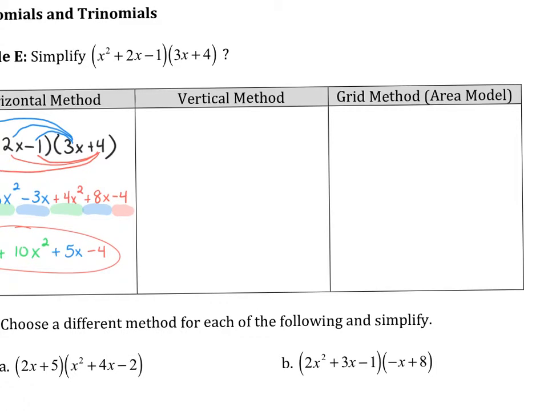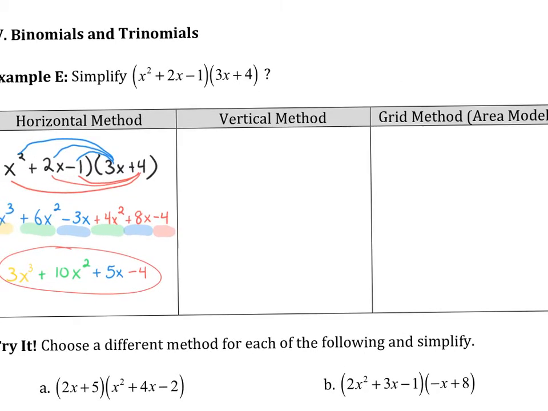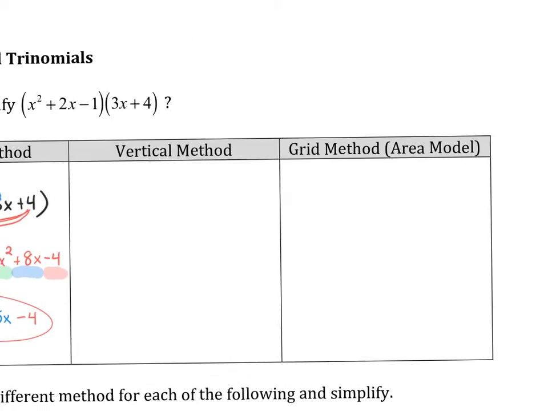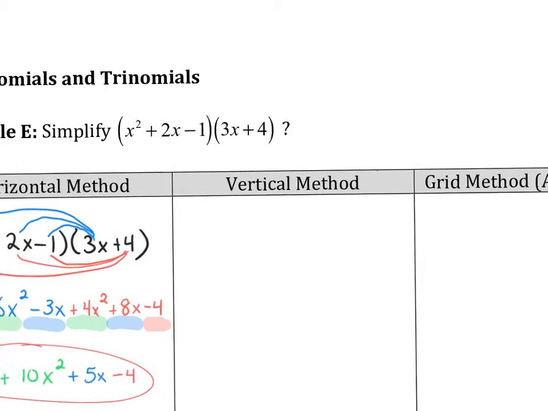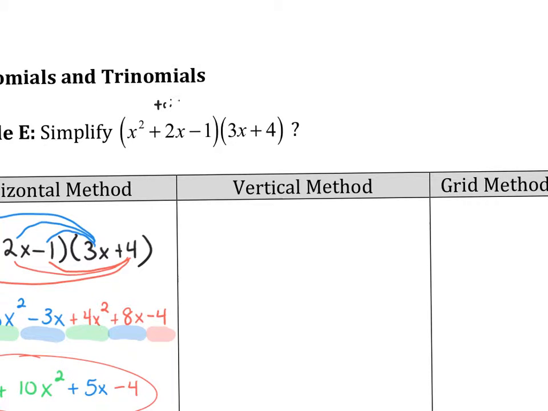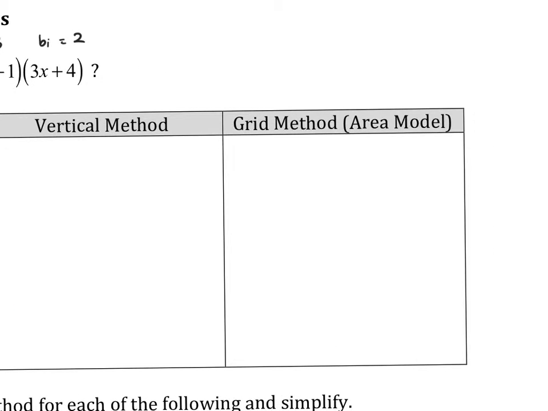Now let's look at the grid method, and I feel like a lot of people are going to gravitate to this one because it ends up being a little bit more clean to observe. Because I have a trinomial, which is 3 terms, and a binomial, which is 2, I need a 2 by 3 grid, or a 3 by 2 grid, however you want to describe it.